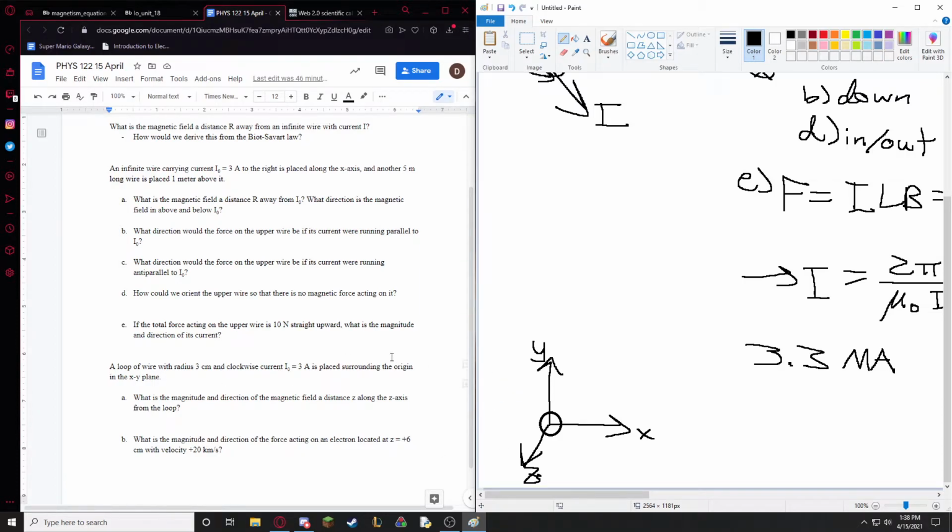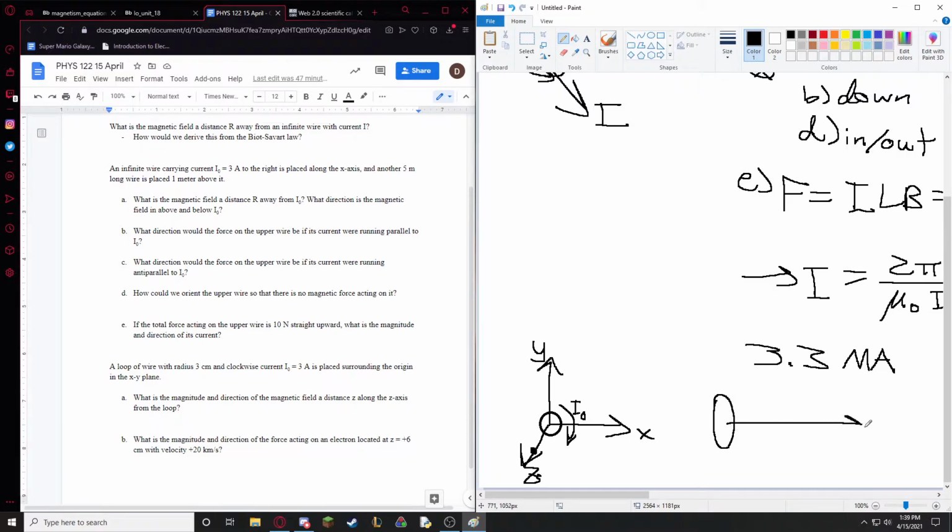But so we have our loop of wire, radius 3 centimeters, clockwise current 3 amps, so it's going around like that. We'll call it I naught. And so what would be the magnitude and direction of the magnetic field at distance Z along the Z-axis from the loop? So like somewhere out here, for example. Let's actually just go ahead and redraw this.